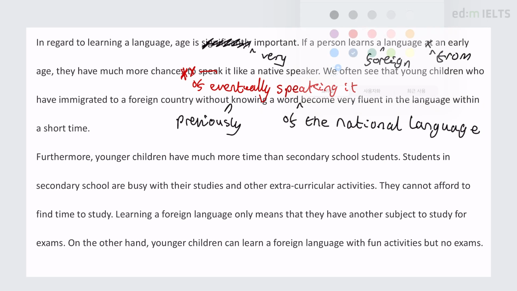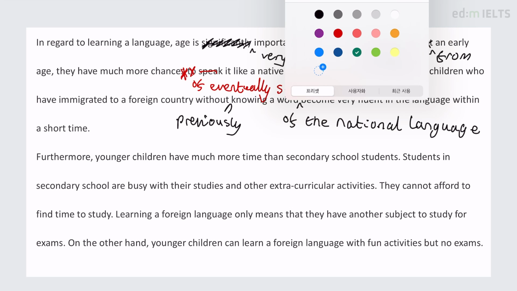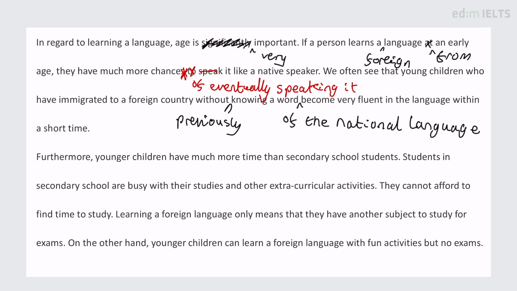Well, you don't afford to find time. You just can find time or you can't find time. So I have to change that. I don't like having lots of very short sentences like this, so I'll just connect them. It's going to be a very simple connection.